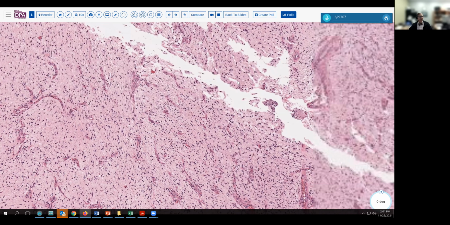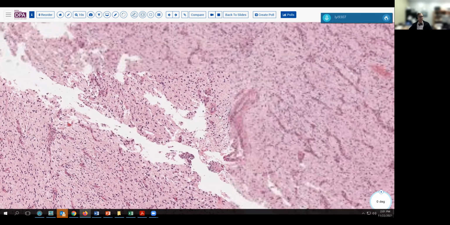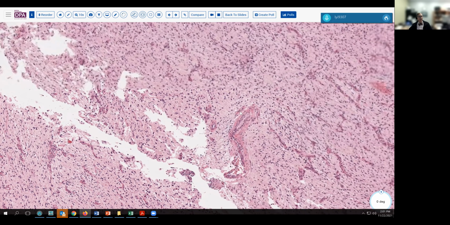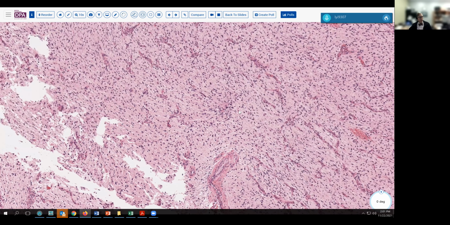And probably these have different molecular drivers, as it would make sense. The molecules in the nucleus are what drive the morphology. But they do still retain the MDM2 mutation that is characteristic of well-differentiated liposarcoma / atypical lipomatous tumor and dedifferentiated liposarcoma.